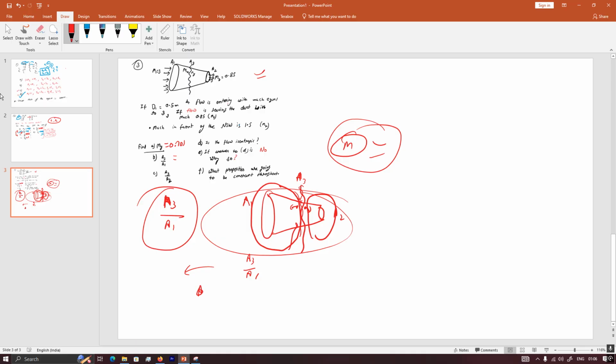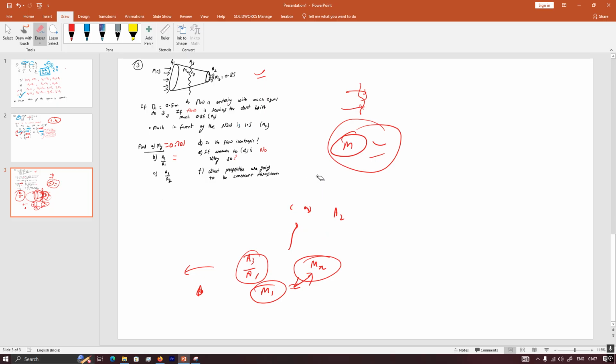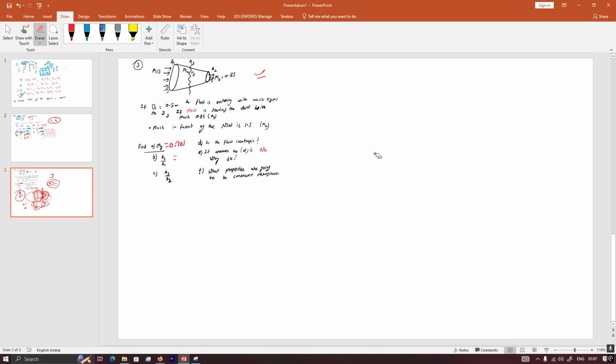So your Mach will be this Mx. If you are relating with M1, that will come in the A3 by A1 formula. So these two Machs will be used because we don't need to deal with the normal shockwave. That is a different thing. That is not a part of area calculation, because for area calculation we use the isentropic relation.